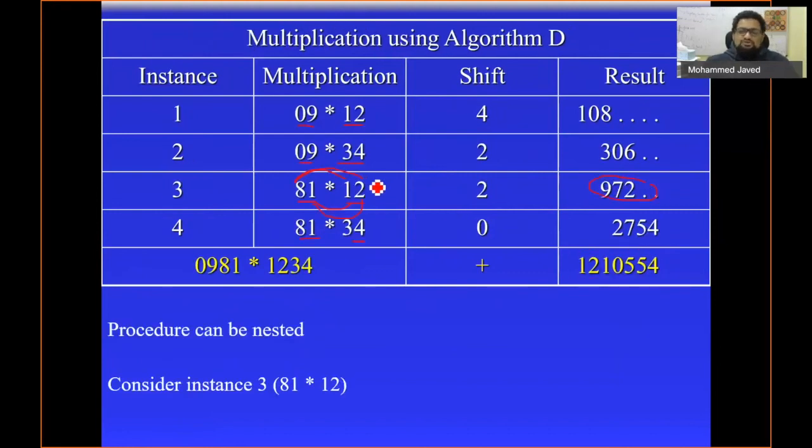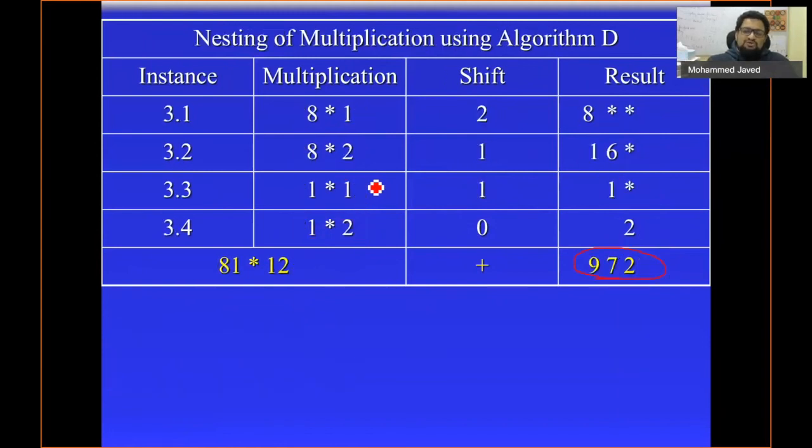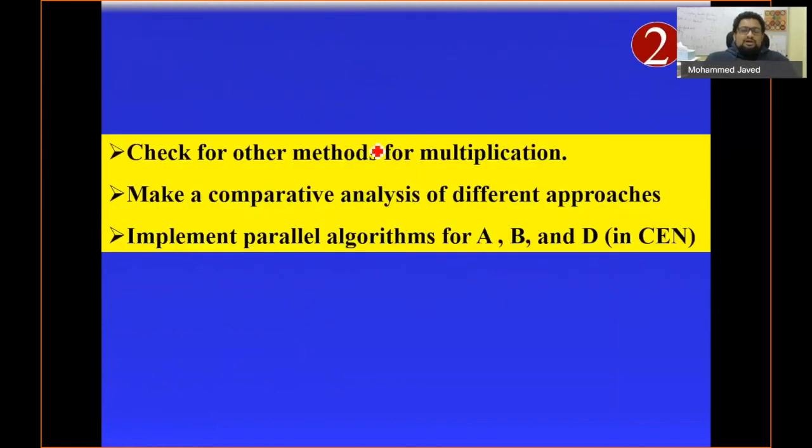So this is the approach where we take a bigger number, divide it, and conquer it. Conquer means we go in the backward fashion to get the overall answer. Now the questions are: check for any other methods or algorithms for multiplication, and bring them up. Make a comparative analysis of different approaches.